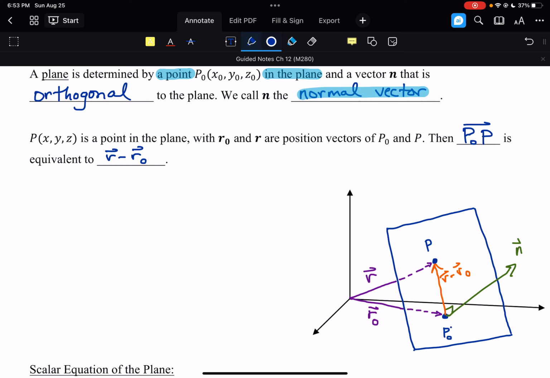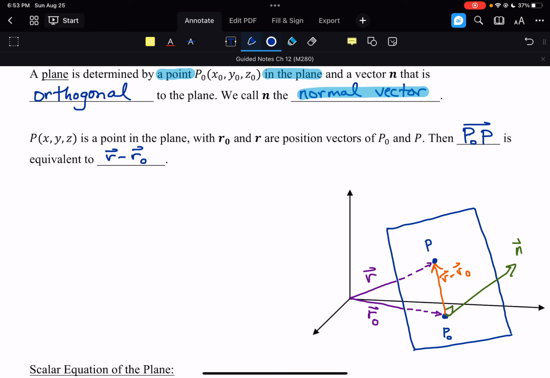So here's r naught pointed to P naught, r pointed to P, and this vector between P naught and P is r minus r naught. The reason that's true is again because of vector addition. r starts at the origin and ends at P, and so does r naught plus this one. So if we want the equation to be true, it has to be r minus r naught, because then the result would give us r equals r, and everything equates out.